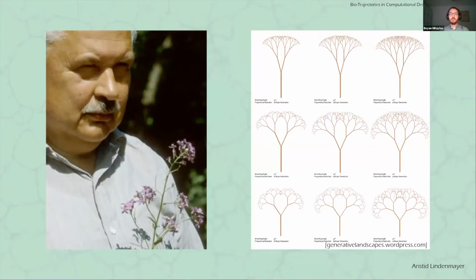And such emergent patterns were sometimes directly related to biology. For instance, when the Hungarian biologist Aristid Lindenmayer developed the so-called L-systems, an algorithm also with simple rules that could generate branching structures similar to those of plants.